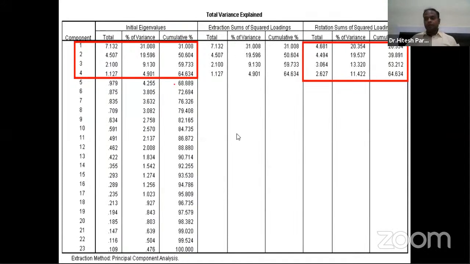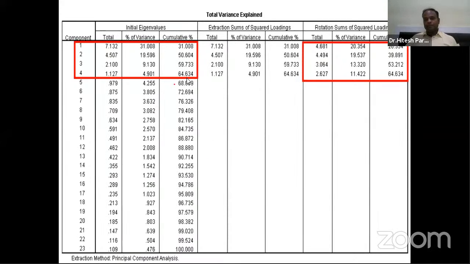Our criterion of eigenvalue greater than 1 suggests that 4 factors can be extracted, and these 4 factors are explaining 64.63% of the variance. This 64.63% is because of common factors, and the remaining portion is unexplained. The unexplained portion is because of error of measurement and specific factors.